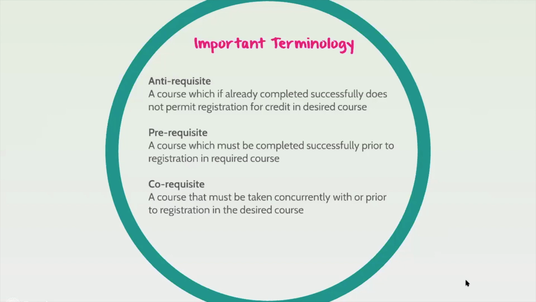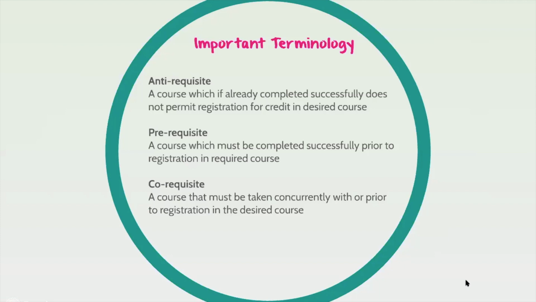A prerequisite course is just like it sounds. So it's a course that needs to be completed prior to registration in another course. So something like food and nutrition 1070A needs to be taken before 1241B. Co-requisite doesn't come up quite as often, but you'll still see it occasionally.